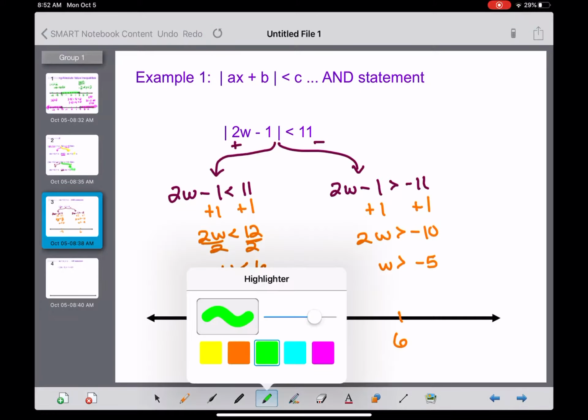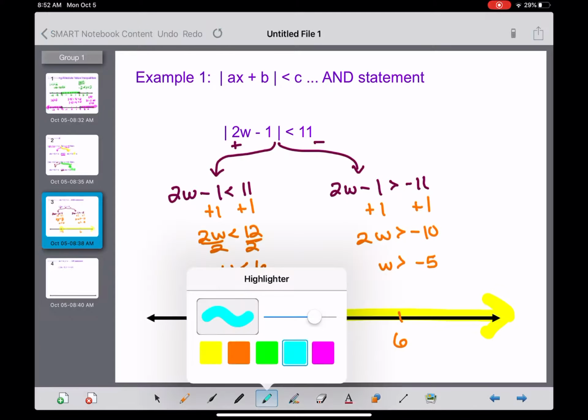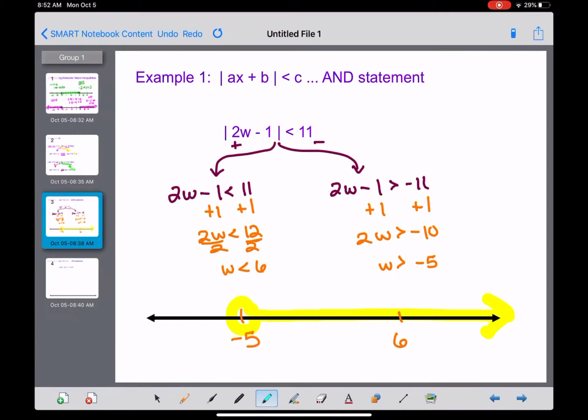So I want to represent all numbers that are bigger than negative 5. And w is also less than 6. So all numbers that are less than 6. Now remember, and statements are the intersection. If you remember that, you do not have to double graph and see what they have in common.